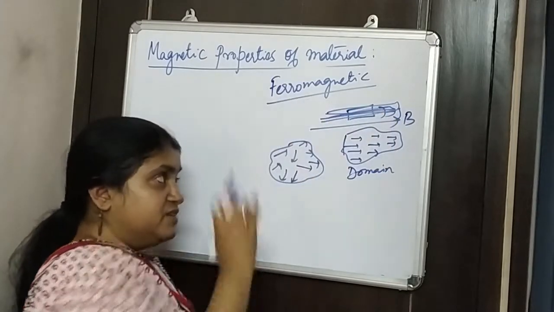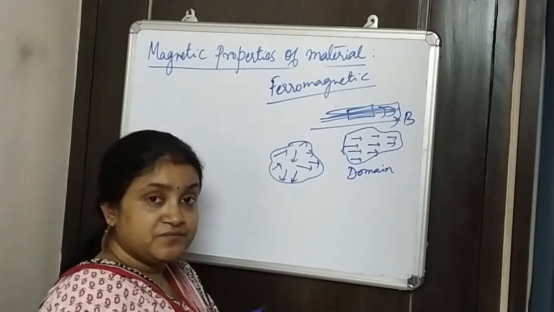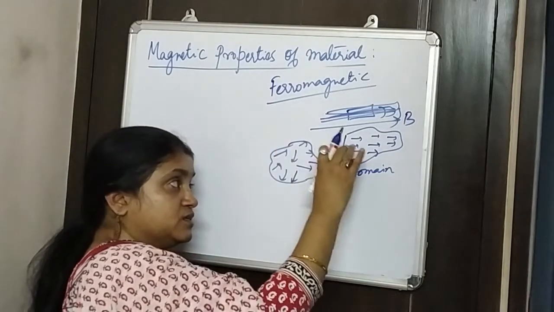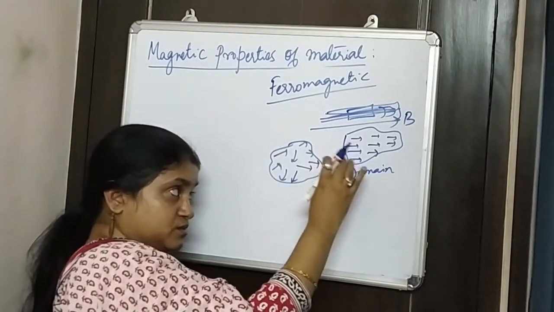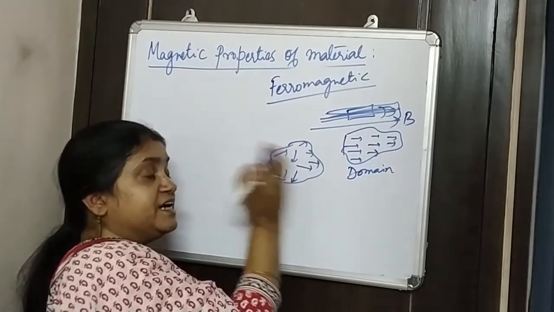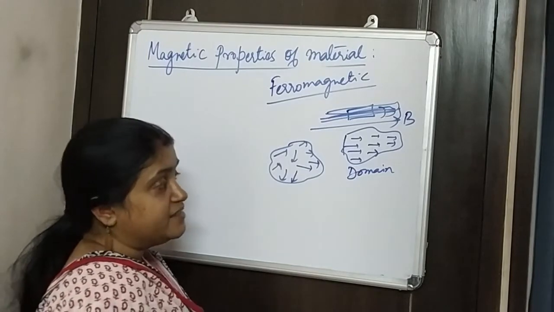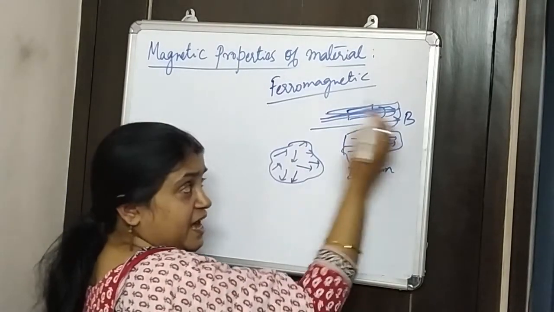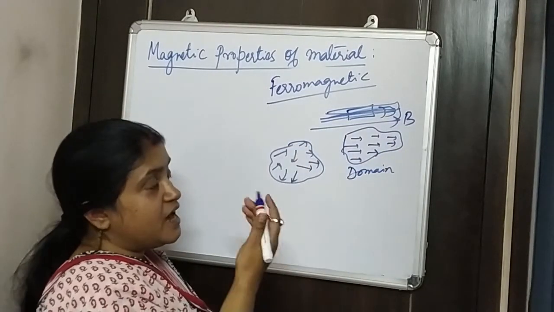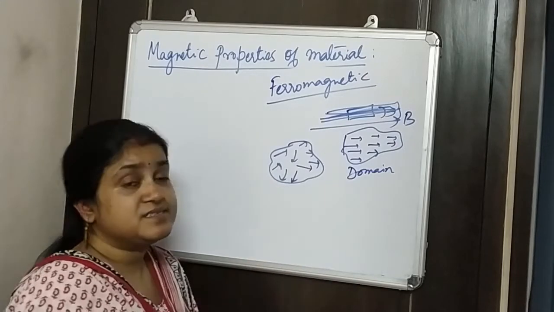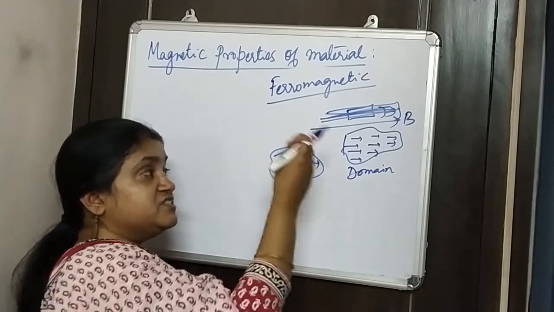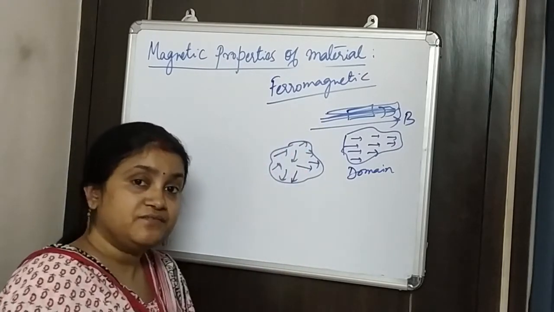But when you give a particular magnetic field, all the dipoles get aligned in this particular direction, and therefore it will add up immensely, and therefore ferromagnets are strongly attracted to the magnetic field.